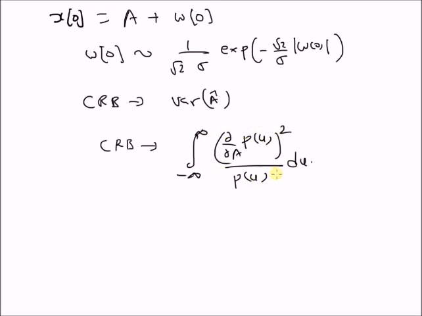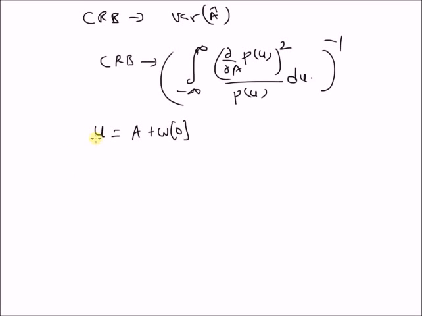So this is the CRB. Of course, there is an inverse. So this is the CRB for a linear model with noise component following an arbitrary distribution P of w naught, of course. So here u is equal to A plus w of 0.